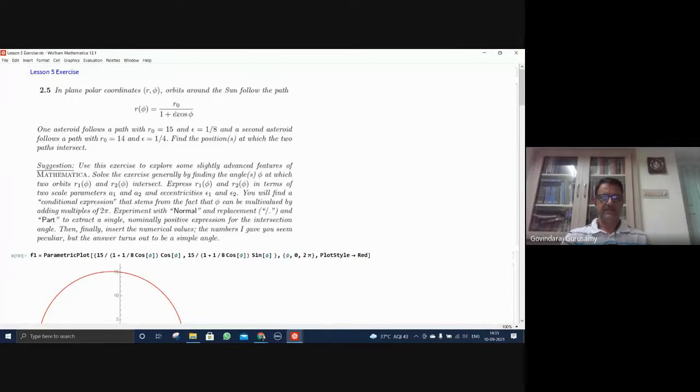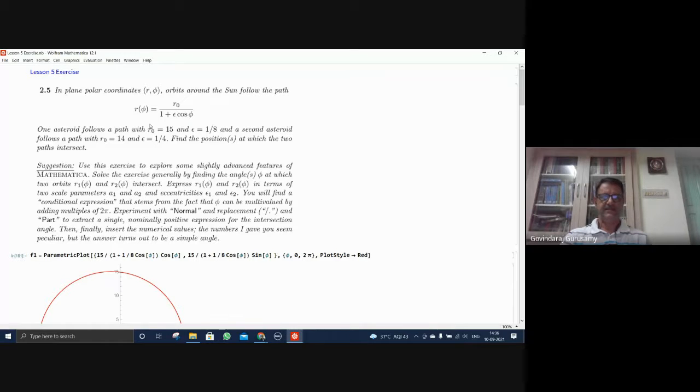So you can think about this problem. It is in polar coordinates. How do you plot this function when you have polar quantities? You have to take r of phi cos phi and r of phi sin phi, and plot as a parametric plot one against the other.